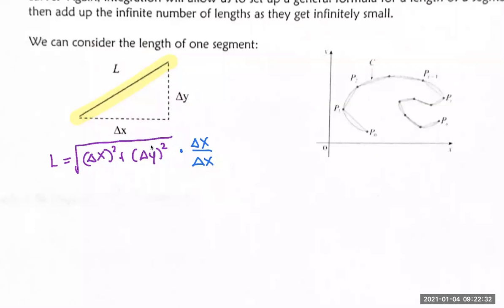In theory, your overall equation is still an equation because change of x over change of x is still 1, so you're just multiplying by 1. So what we're going to do now is use those two expressions and move this change of x so that it's inside my square root. When I do that, I end up with the square root of, let's say the top is change of x squared plus change of y squared.